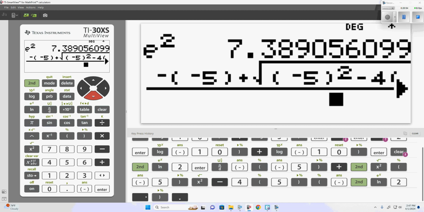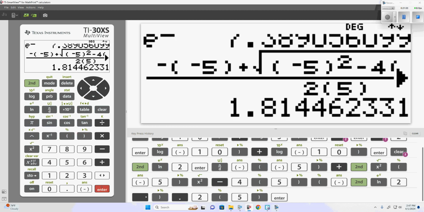To get our e, we do second ln, second ln will get you e, all over 2 times 5. Once we type the whole thing in, we just hit enter and let it do it for us.